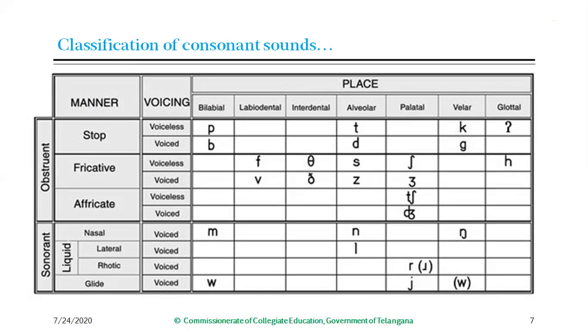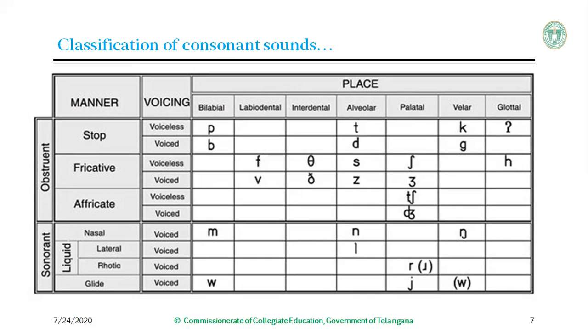Now, let's discuss the places of different sounds here through this diagram. First, let's come to bilabial sounds. Bilabial sounds are produced with the two lips.